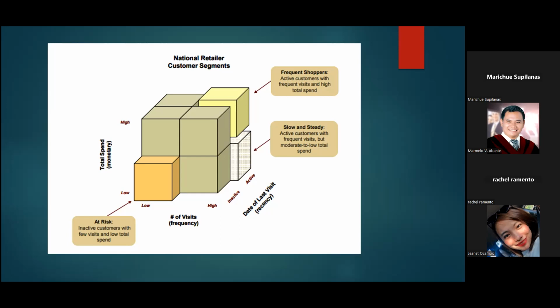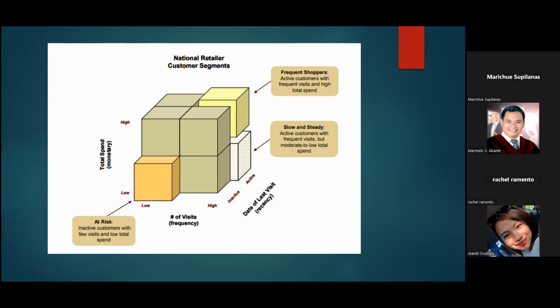The online purchase propensity model would be designed to identify slow and steady customers with the greatest likelihood of using the online channel. Once identified, incentives can be used to entice slow and steady customers to begin to use the online channel, in addition to the retail outlets, creating the potential for more shopping occasions.